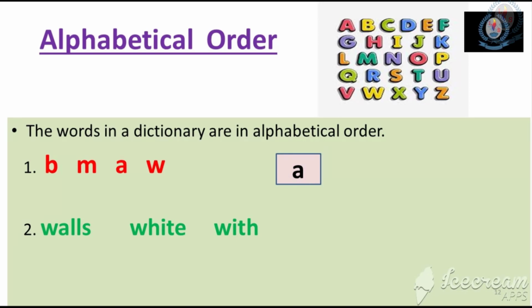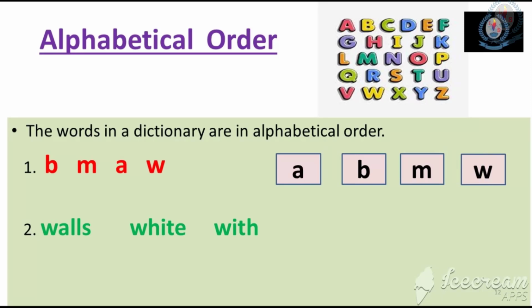After that, the letter B comes second. Now we have only two letters left, M and W. Between M and W, which letter comes first? Yes, you are correct. It is M. And the last letter should be W.